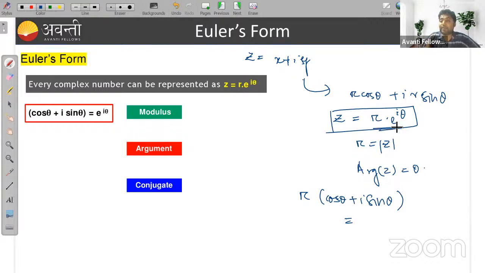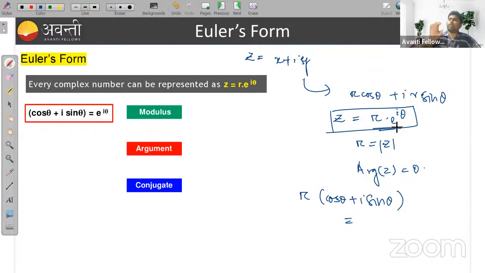You know the expansion of cos theta and sin theta. If you put the expansion in place of cos theta, and in place of sin theta, if you put the expansion of both, then you will get the Euler's form, that is r into e to the power i theta. So what is the series you will get? That is the expansion of e to the power i theta you will get. Is that clear to everyone?